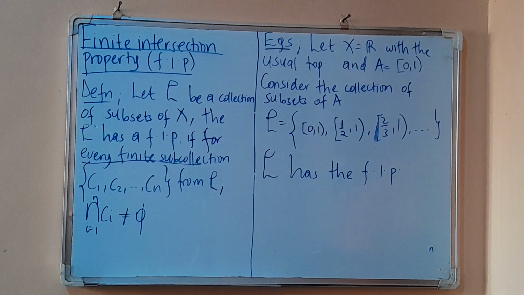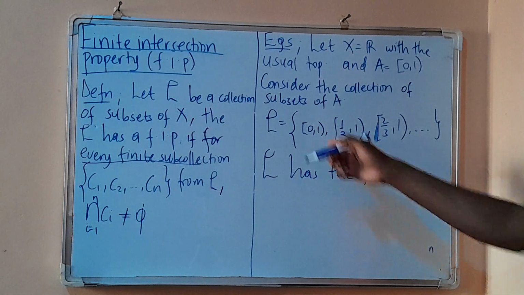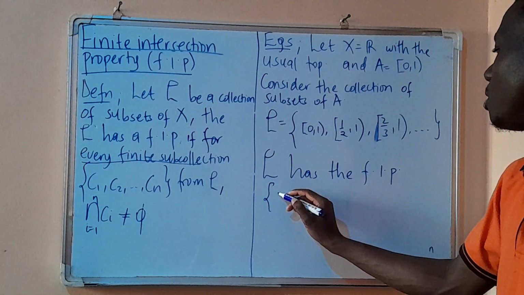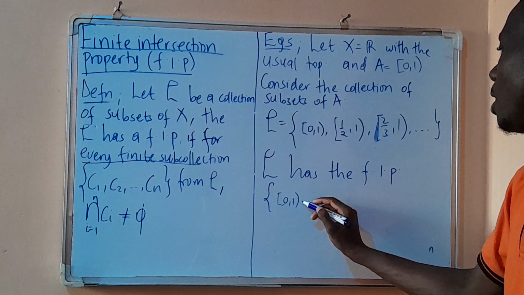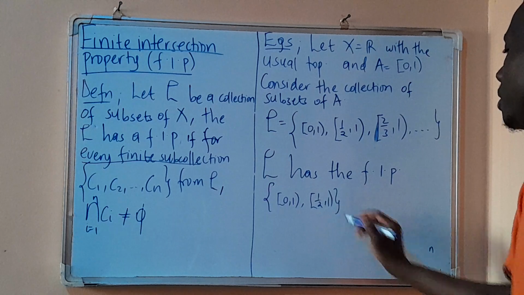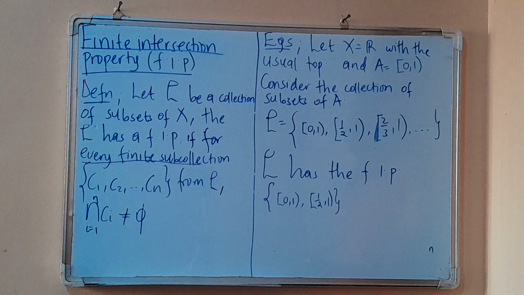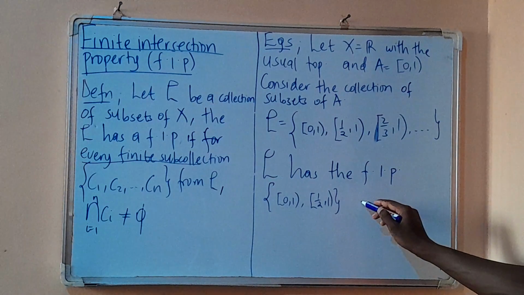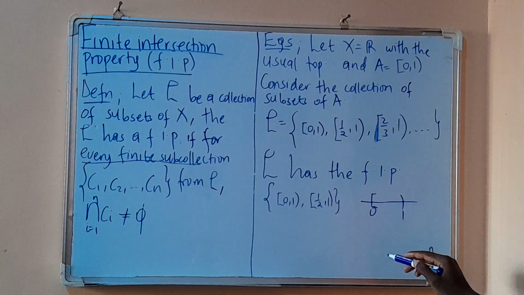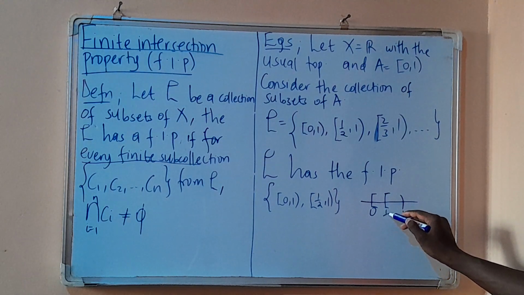If you take a finite subcollection of sets from this, we can consider this one, 0, 1. We can also take this. Try to compute the intersection of these sets here. So you realize that I have 0 there, I have 1 here, I also have a half somewhere around here.